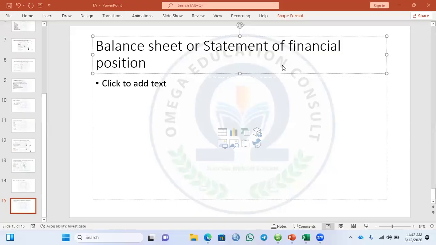I want to believe during your discussions of the accounting equation, this might have popped up somewhere. Prof. Amuzu, do you have any idea on this statement of financial position? No?